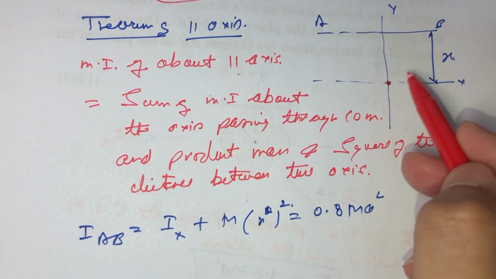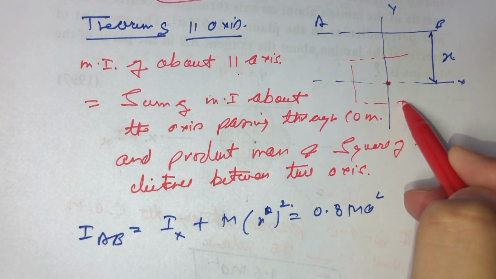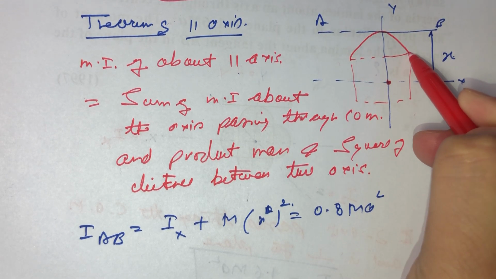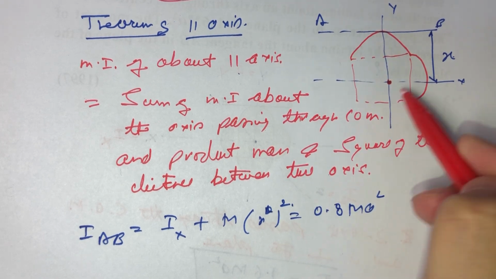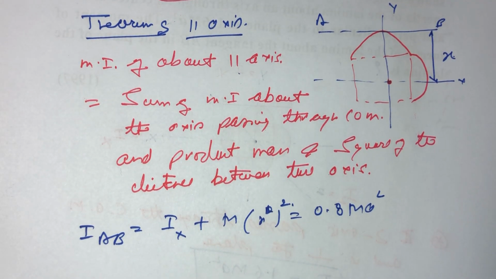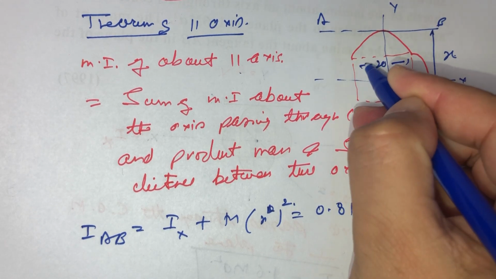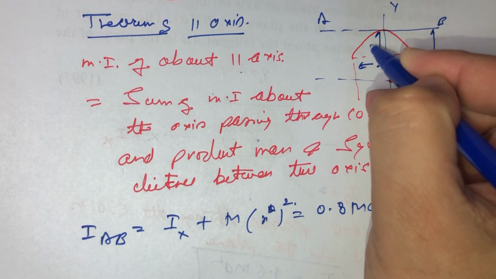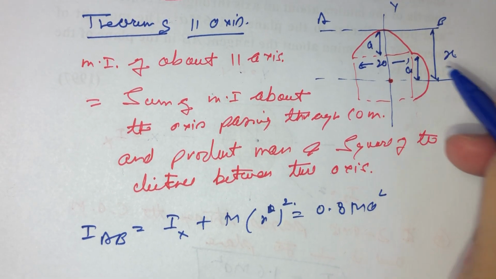So it is given that it is a square like this, and we have a semicircle. The side is 2a, so this is our 2a. So obviously this portion will be equal to a, as well as this portion will be equal to a.